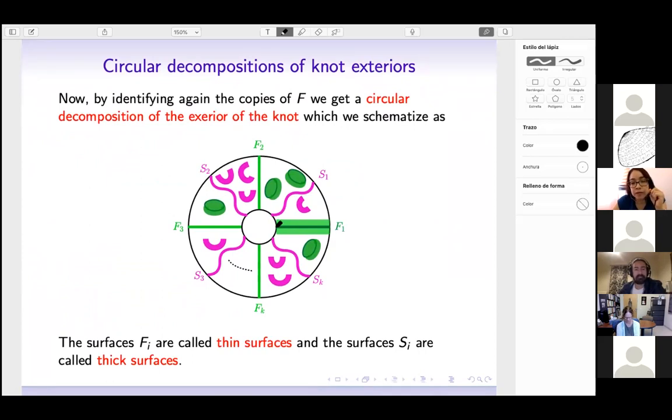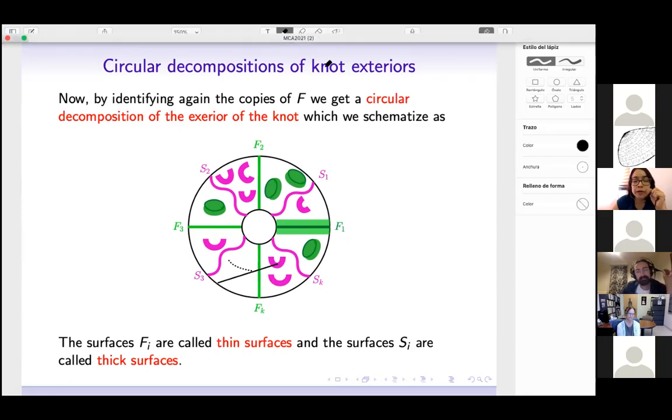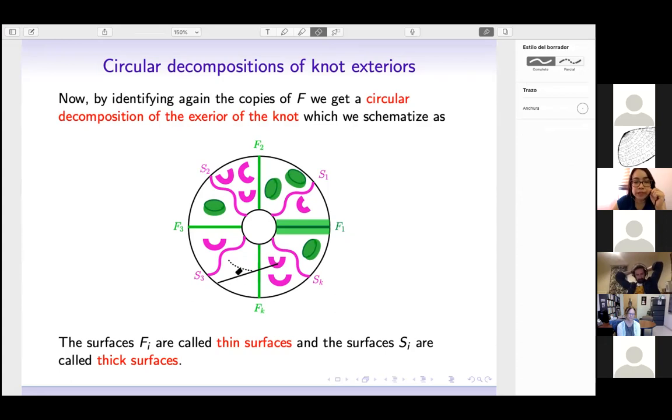We start with the Seifert surface F, and then attach some one-handles to obtain a Heegaard surface S1, then we attach some two-handles to obtain another Seifert surface F2, then attach again one-handles to obtain another Heegaard surface, and so on, until we come back to the first surface.